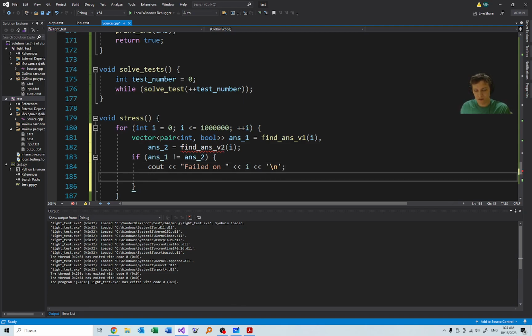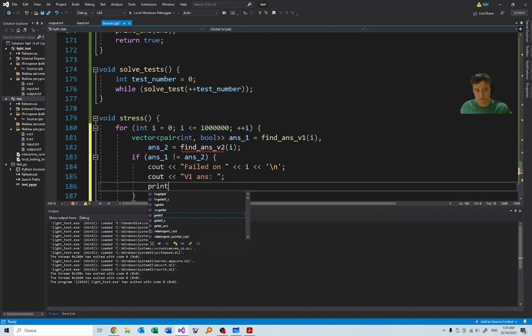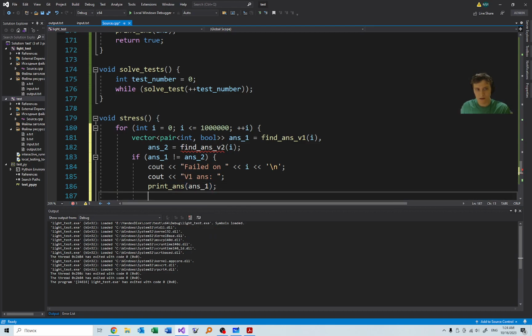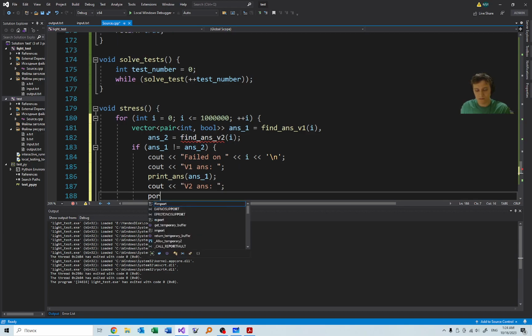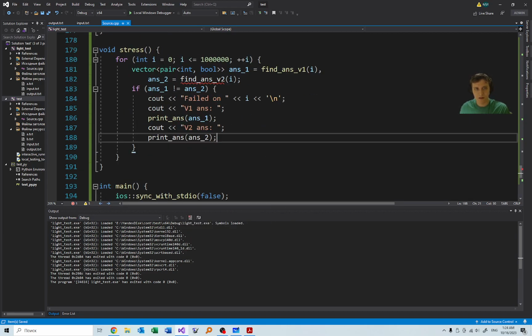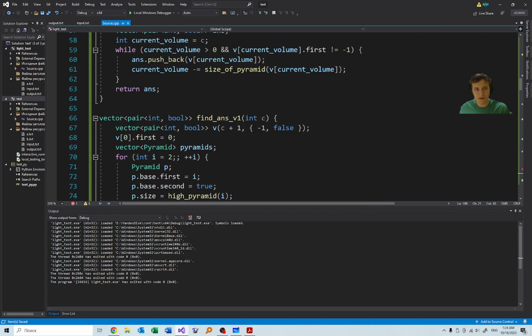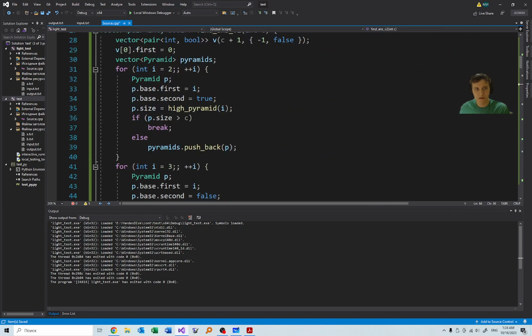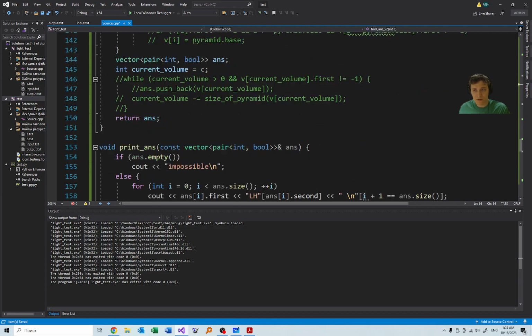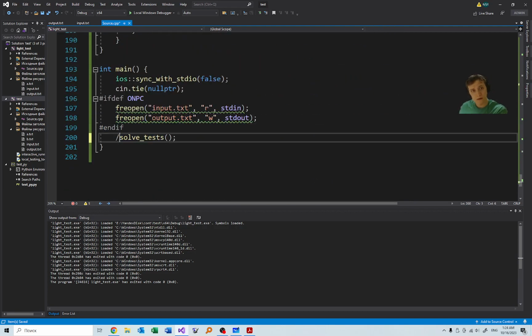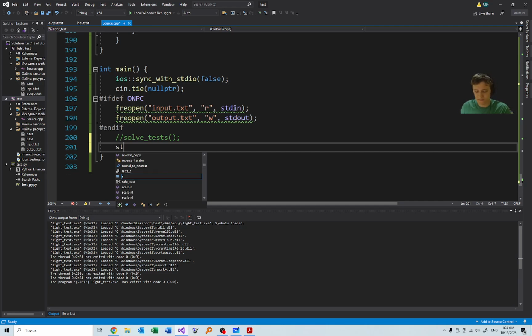Then it will print v1 ans, and it will print v2 ans. Okay, findAns v2 is here. And instead of solve test, I will show you that stress finds a test.